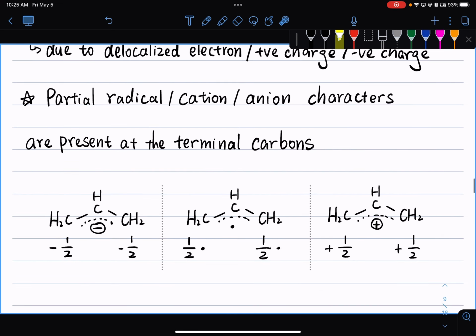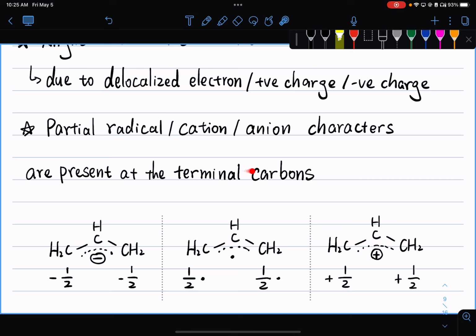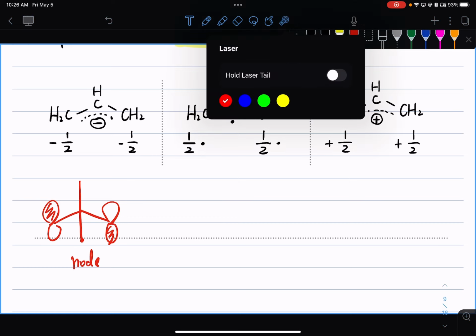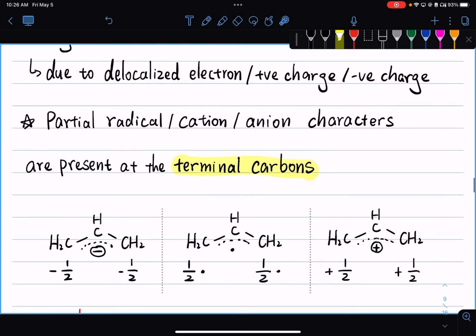And the second take-home message is here. Your partial radical, cation, or anion characters are only present at the terminal carbons. All right, and this is all because the second molecular orbital we talk about has a node right in the middle. So whatever character we're talking about, whether it's an anion or a free radical or a carbocation, everything is centralized on your terminal carbon.